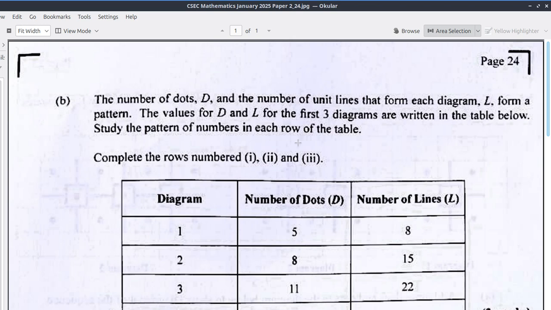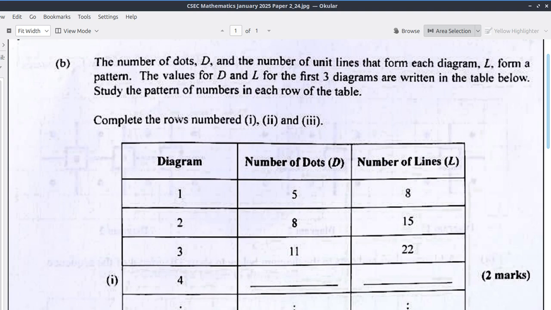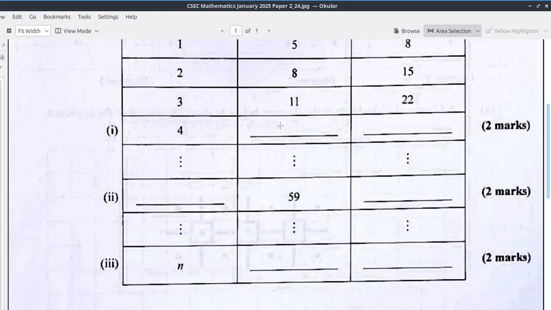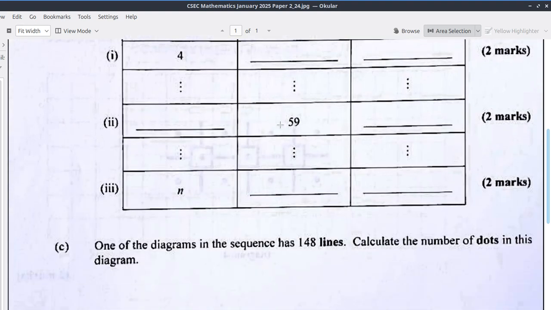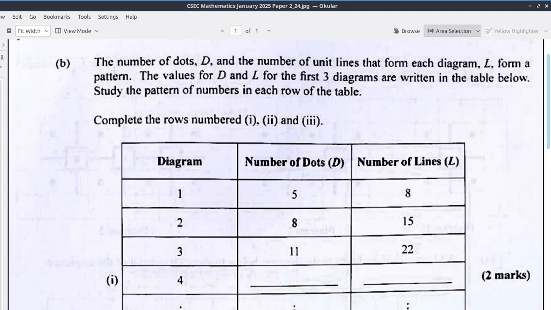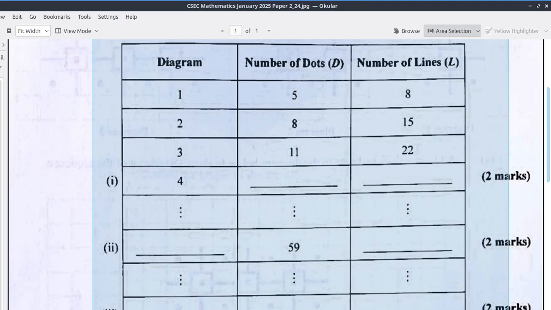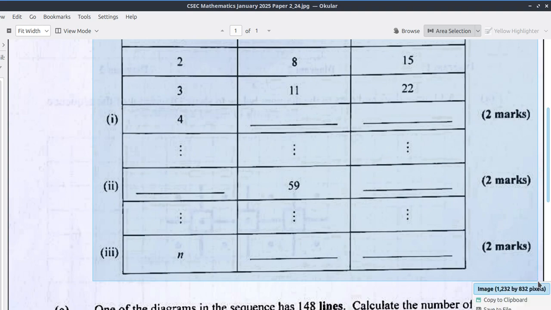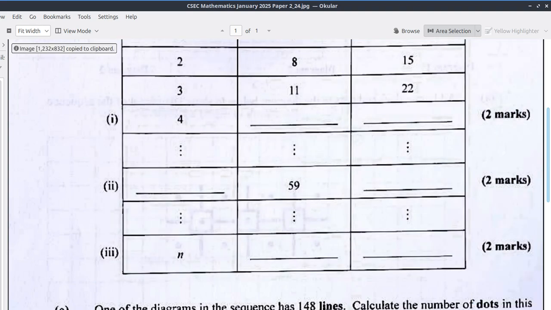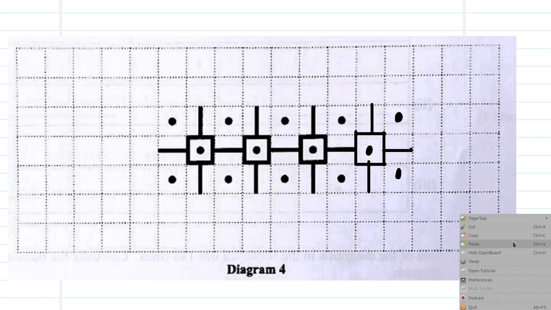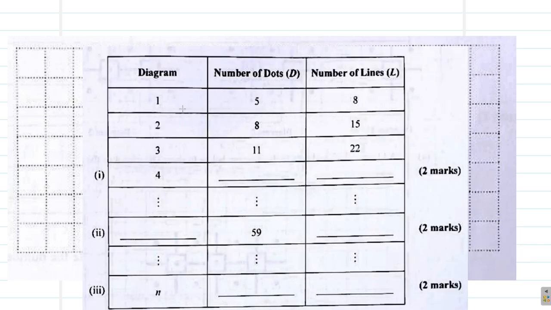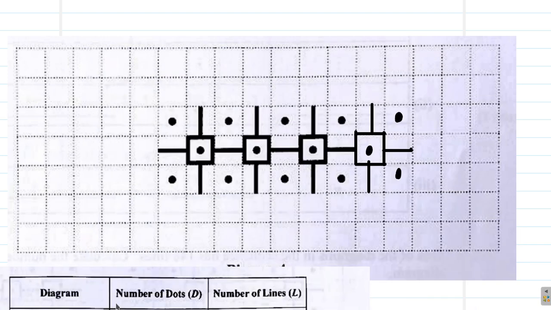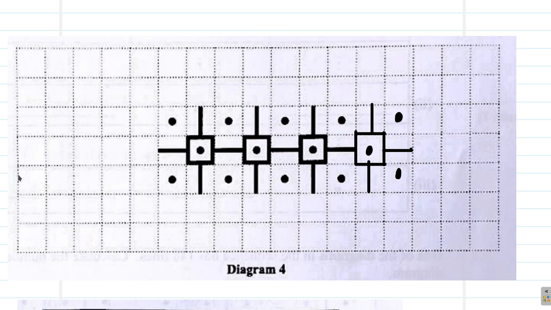Complete the pattern of numbers in each row of the table, rows numbered 1, 2, and 3. So let's copy this and paste it over here. I'm going to put it below this other diagram.